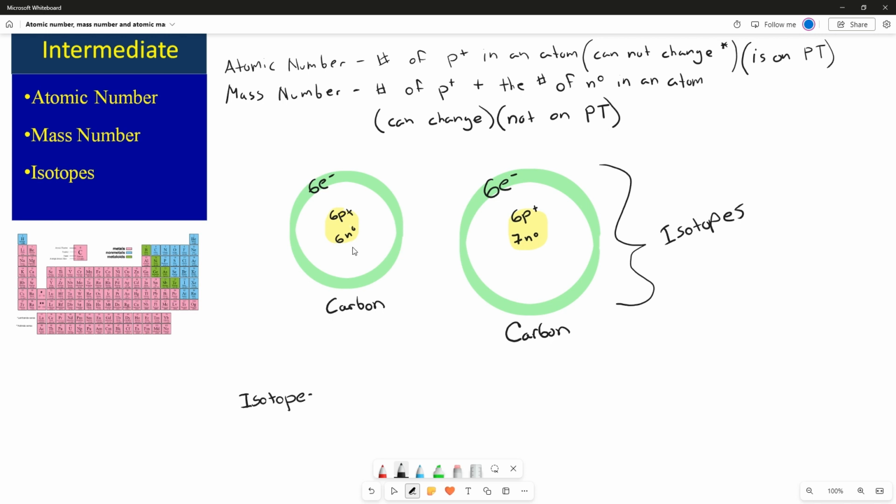So an isotope is an atom or 2 or more atoms that contain the same number of protons and electrons, but they have different numbers of neutrons.